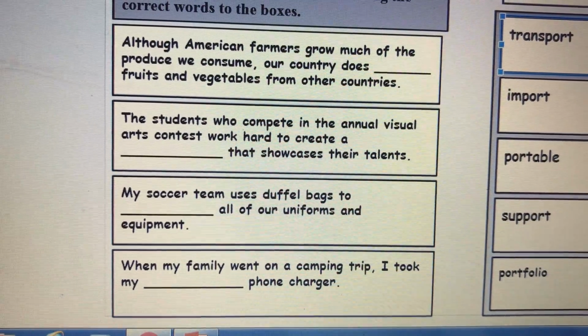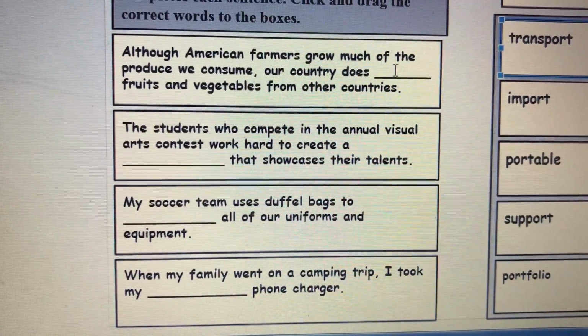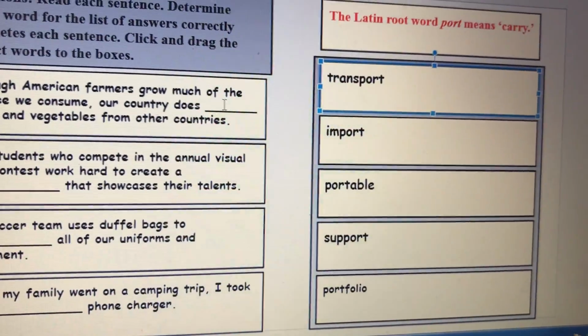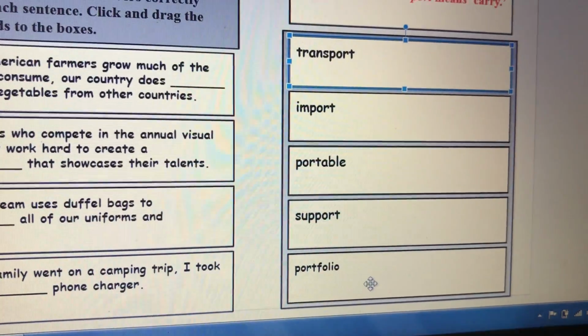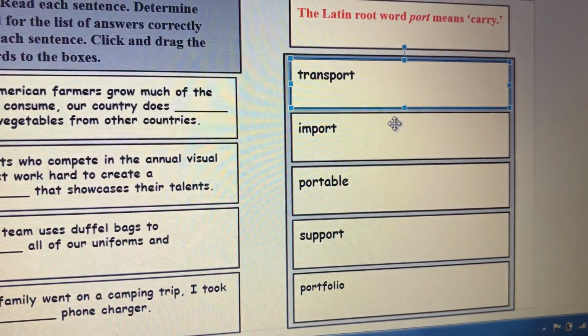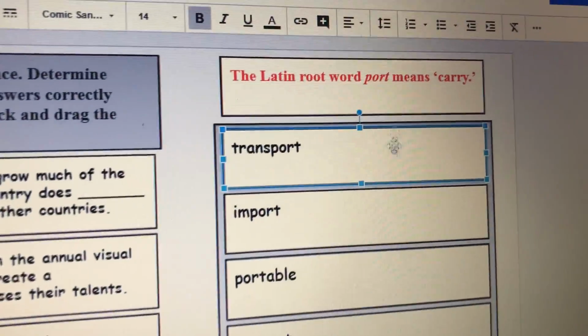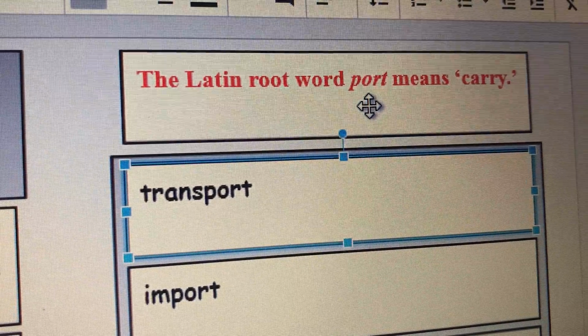Each sentence contains a blank. This blank may be filled by a word from the list on the right-hand side of the screen. Each of the words in this list is built on the root port.